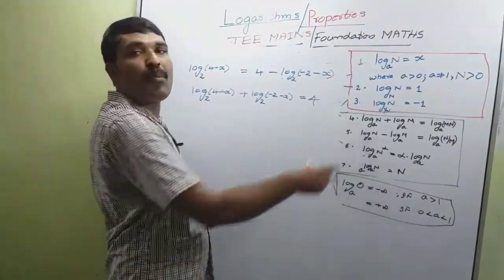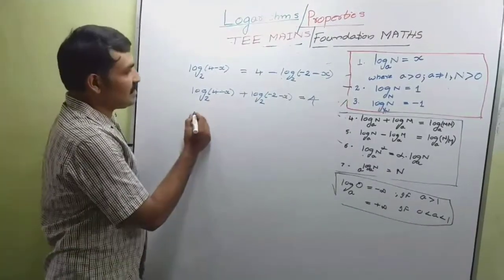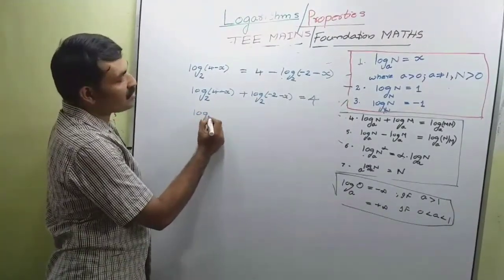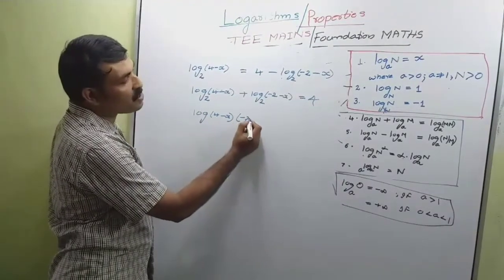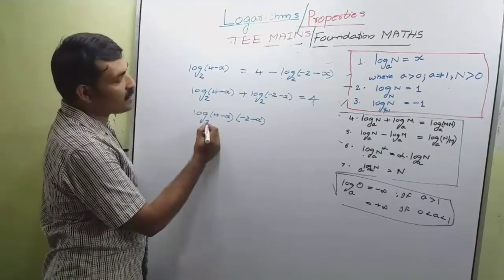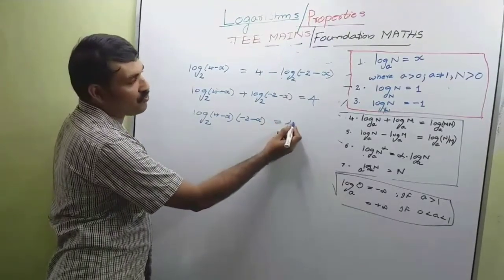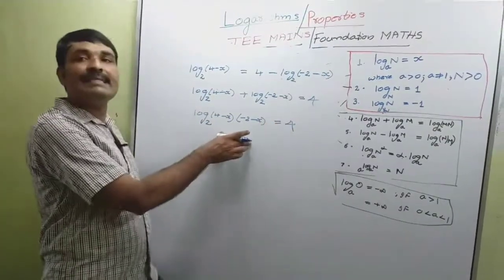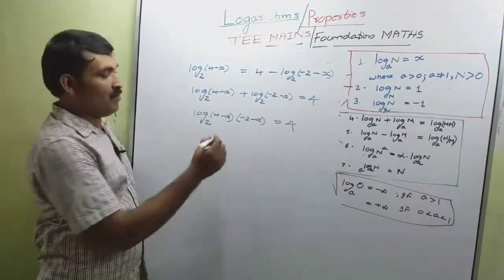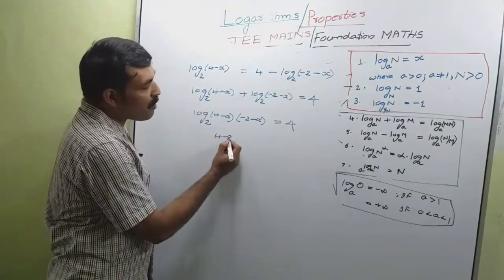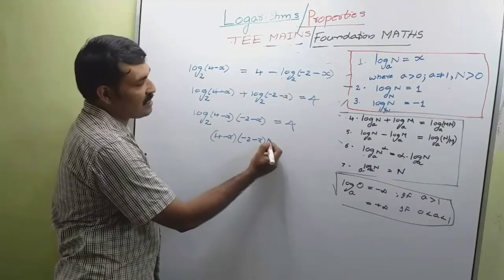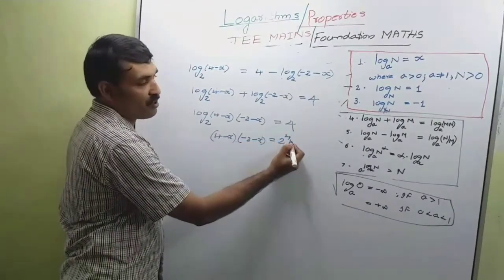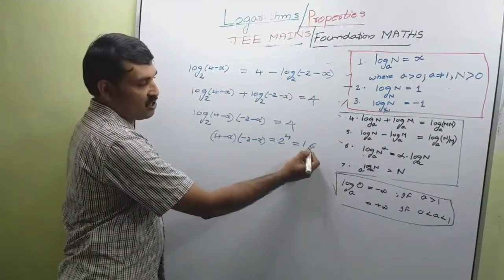Now, using property 4, we can write this as log of (4 minus x) into (minus 2 minus x) to the base 2, that is equal to 4. Now, writing this in exponential form, (4 minus x) into (minus 2 minus x) is equal to 2 raised to 4, that is equal to 16.